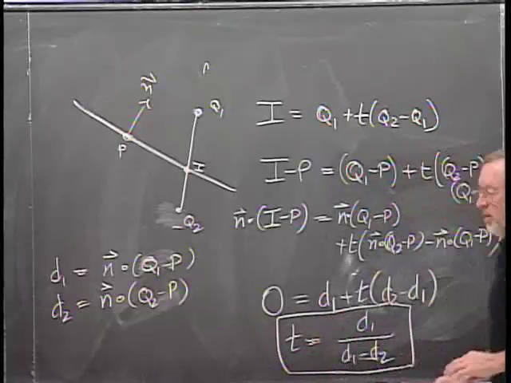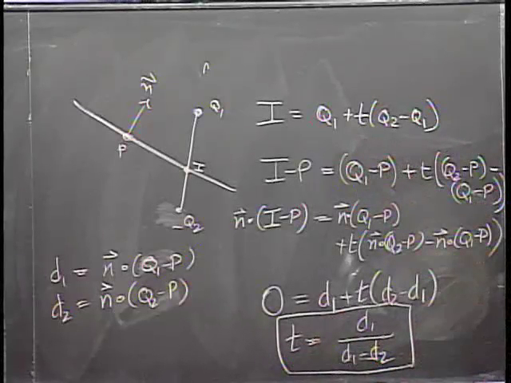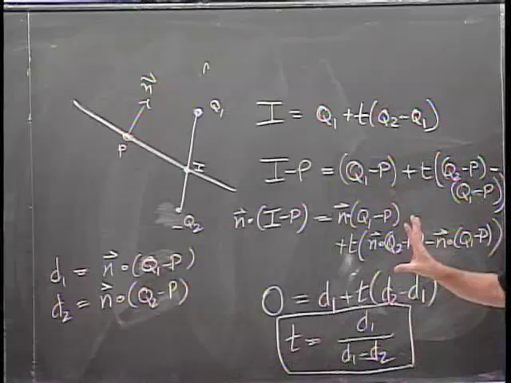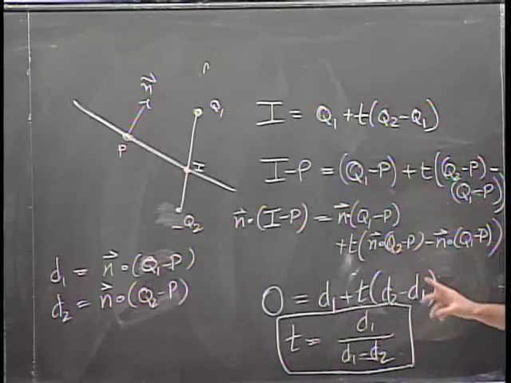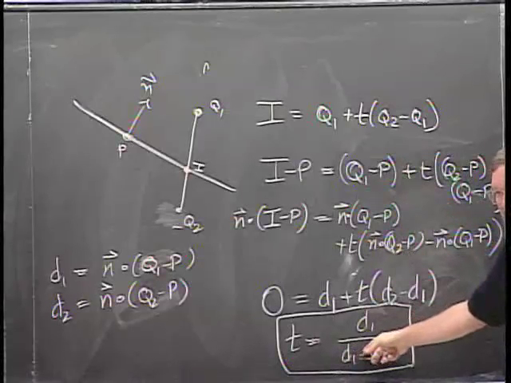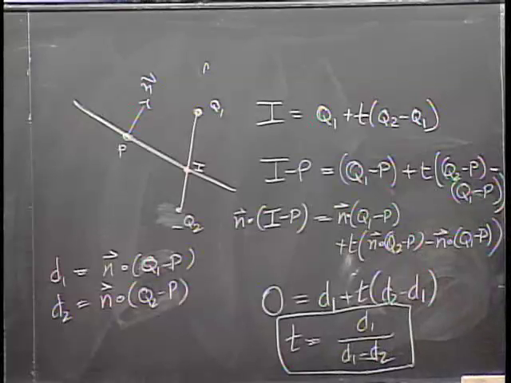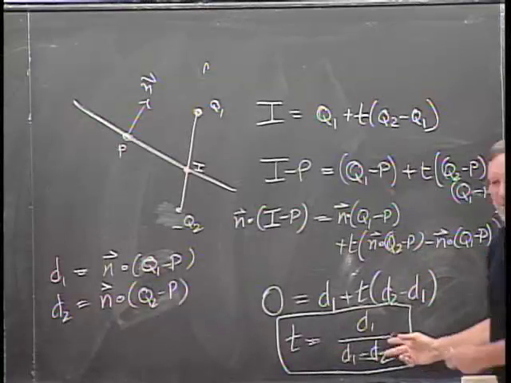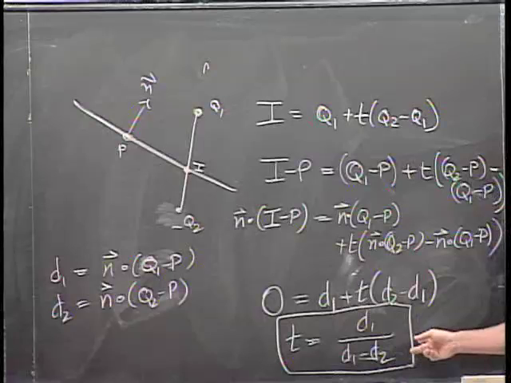Just from these dot products that I took to find out whether Q1 and Q2 are in or out, I can figure out T. And usually when I do these calculations, I stop for a second to see if they make sense.